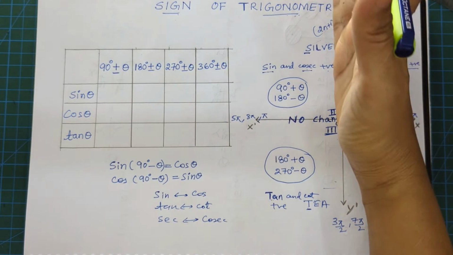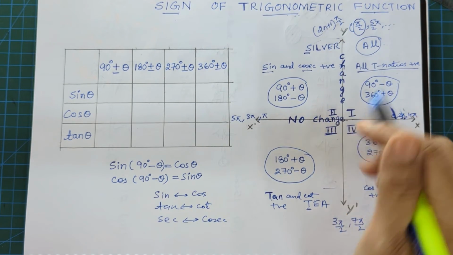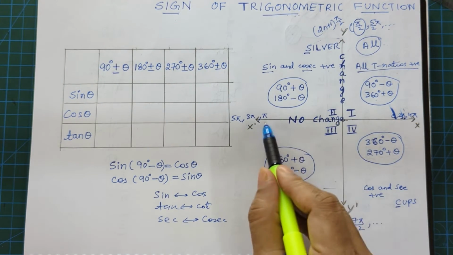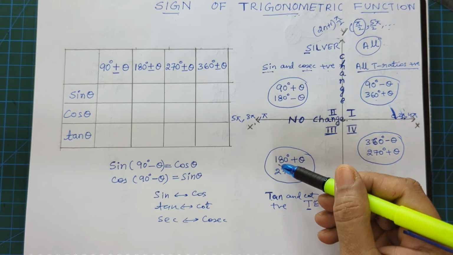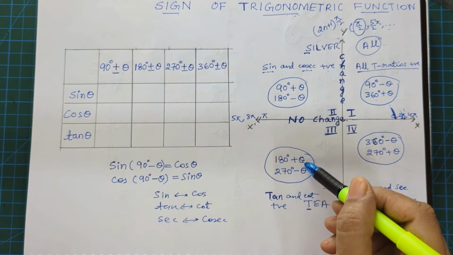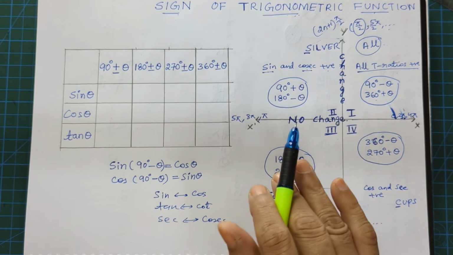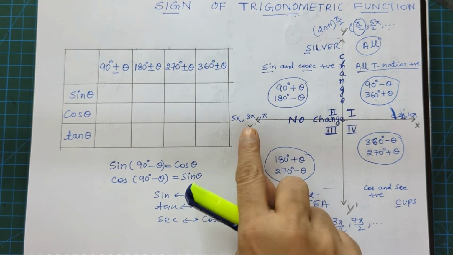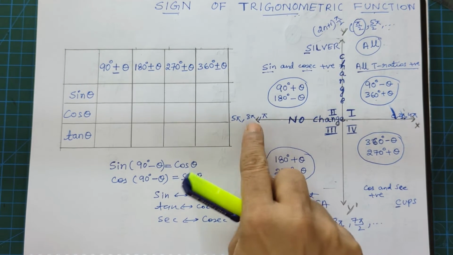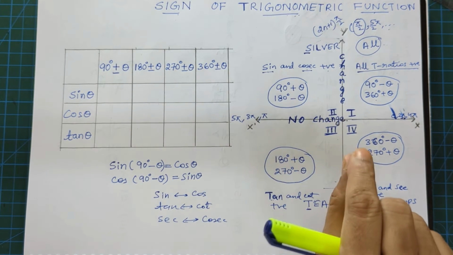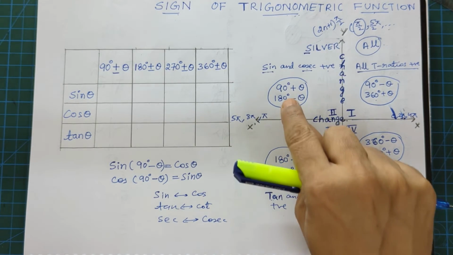So y-axis is the change line, and x-axis is the no change line. Means what? Sine of 180 plus theta is sine of theta. That means sine remains a sine, cos remains cos. With respect to x-axis, there is no change of the trigonometric ratios whenever angles change.